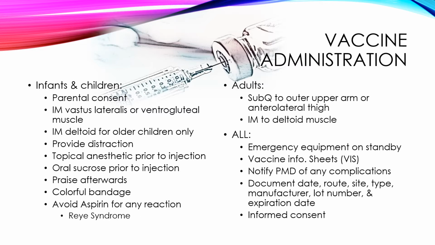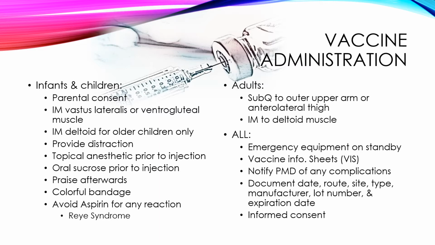This is usually given through the vaccine information sheets that are provided by the CDC. We're also going to notify the primary doctor of any complications and document the date, route, site, type, the manufacturer, the lot number, and the expiration date. These need to be documented every time they get a vaccine.